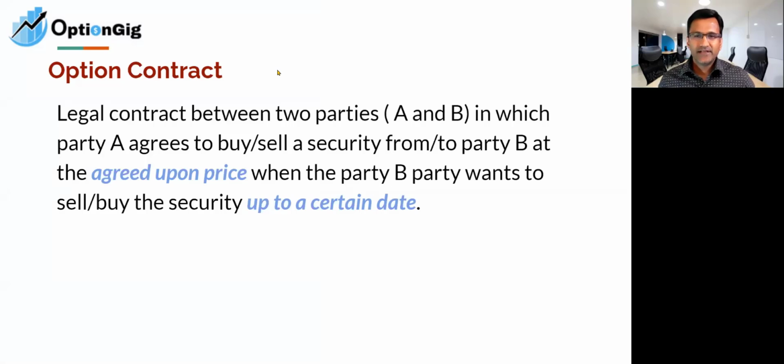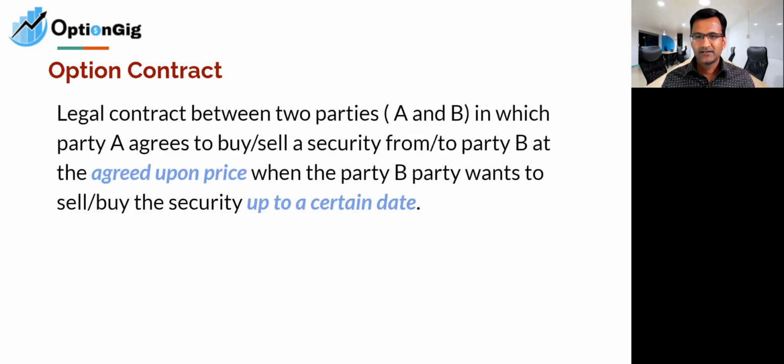So today we're going to talk about the very basics of an option contract. So what's an option contract? It's a legal contract between two parties, A and B, in which one party, say A, agrees to buy or sell a security from the other party, B. But the price is predefined in the contract, and that contract is valid only up to a certain date.